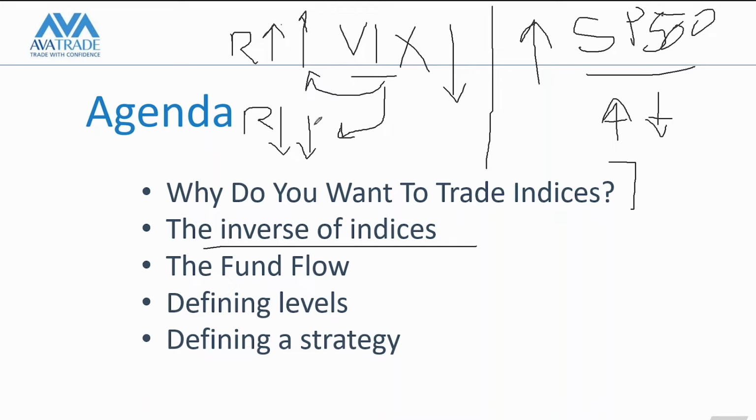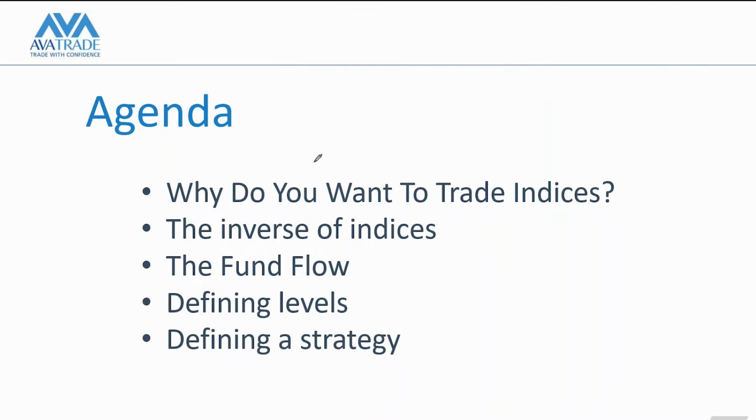So it has the opposite relation to each other. Here is the VIX, here is your S&P 500. When this goes up, this goes down, and when this goes down, this goes up.